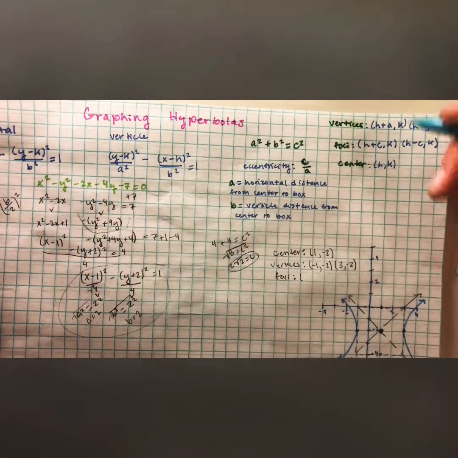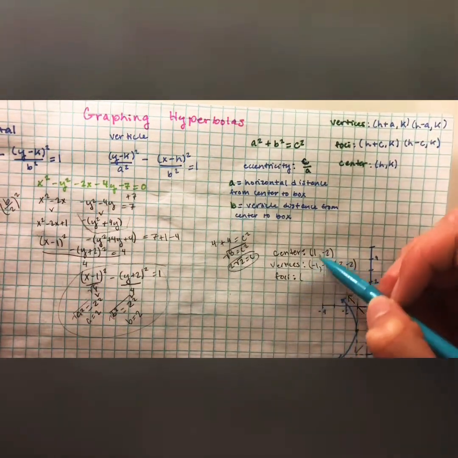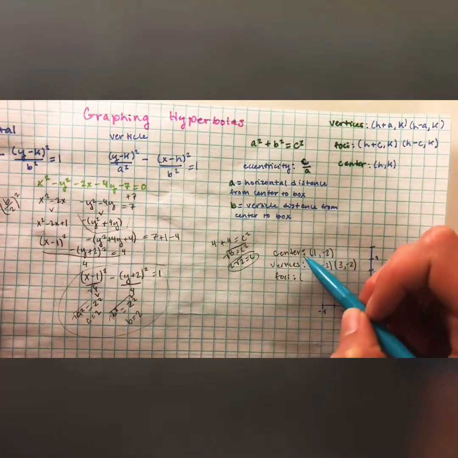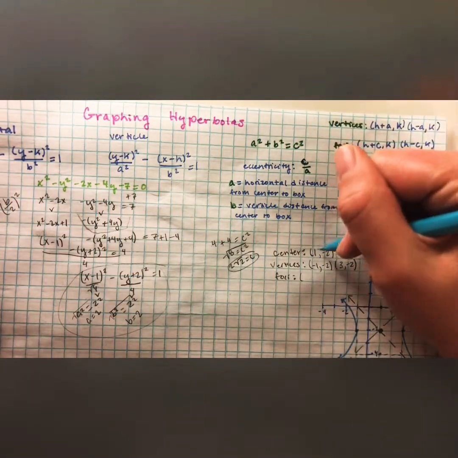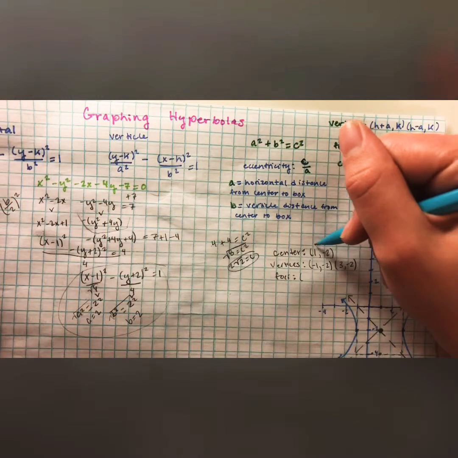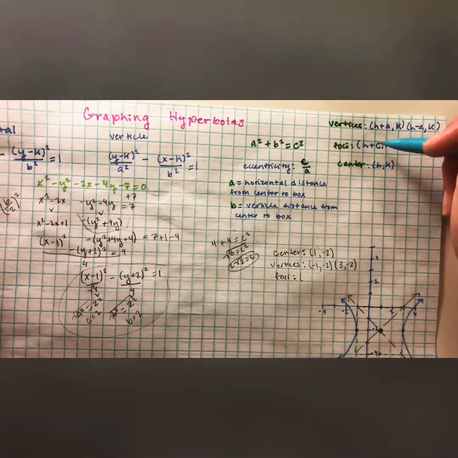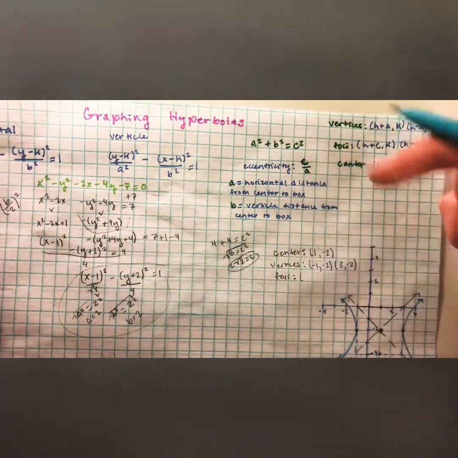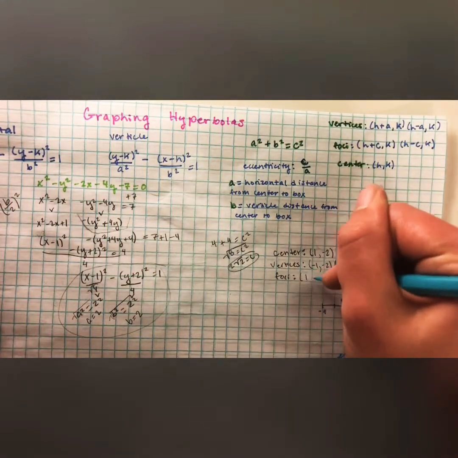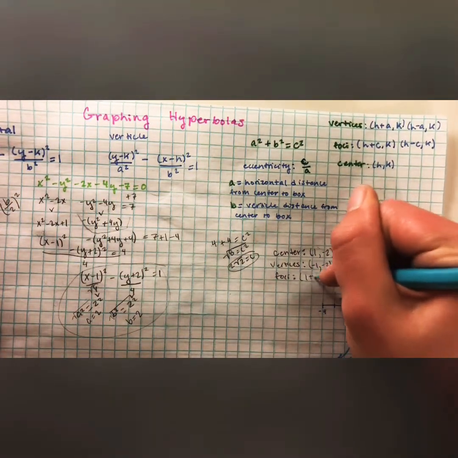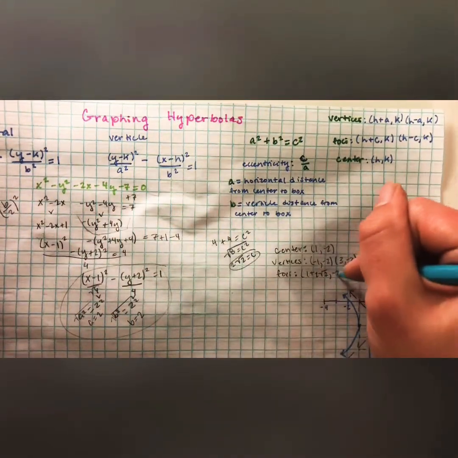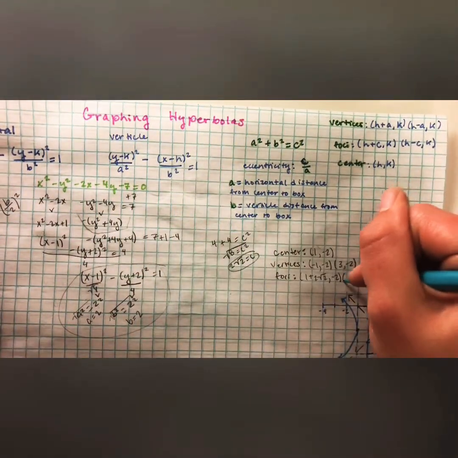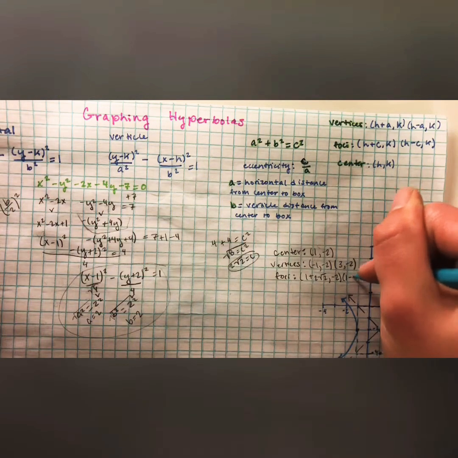So now we have our C, and what we need to do is take our center's x variable and add our C. So this is going to be 1 plus 2 square root of 2, and then our K, which is -2, and then 1 minus 2 square root of 2, and then -2.